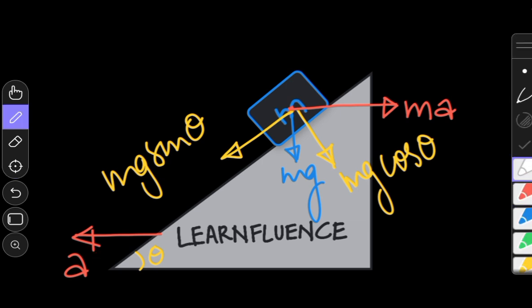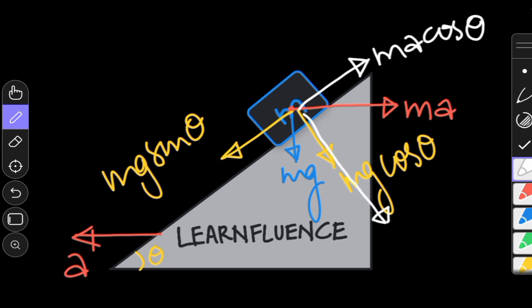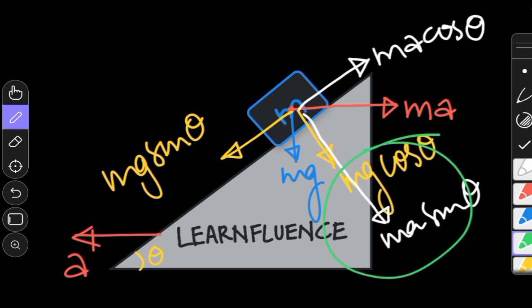And on resolving this pseudo force, we will get ma cos theta in this direction and ma sin theta along this direction. Okay, so these two forces right here will be balanced by the normal reaction force with which the triangular wedge pushes away the mass m.